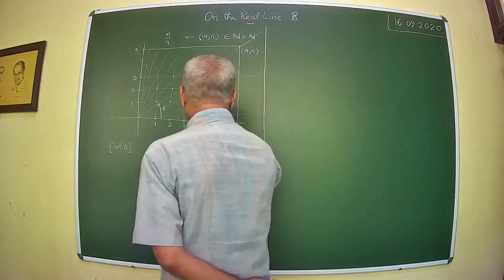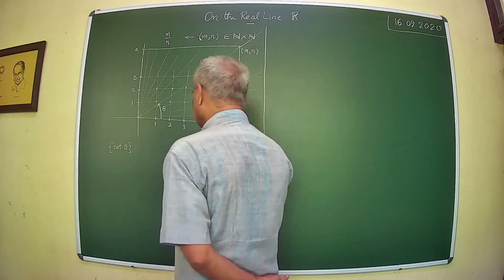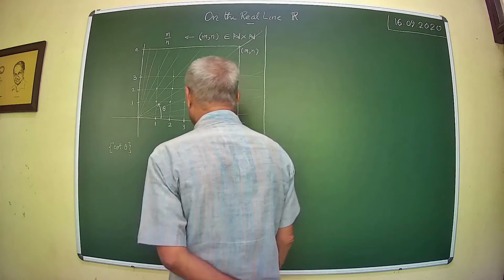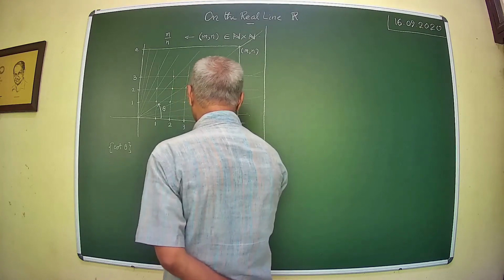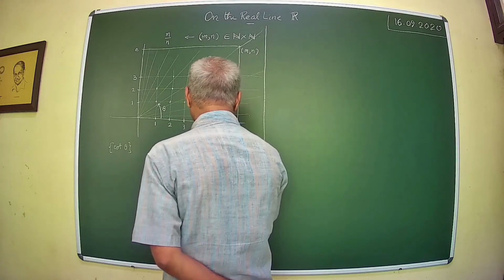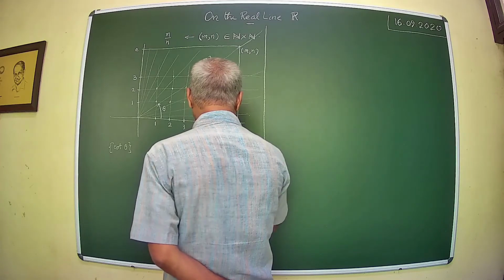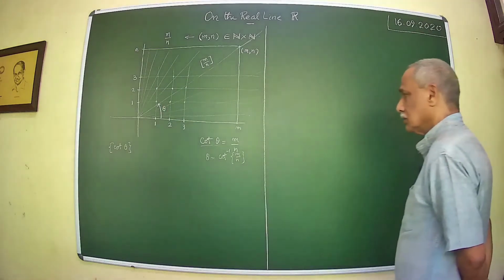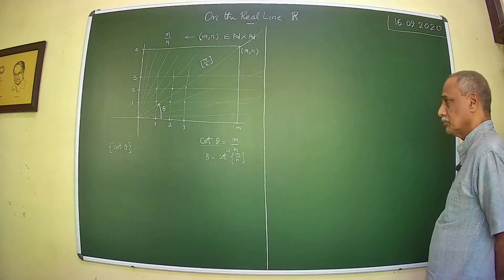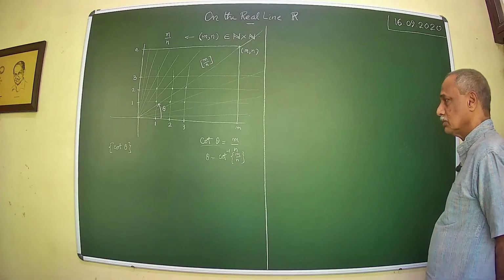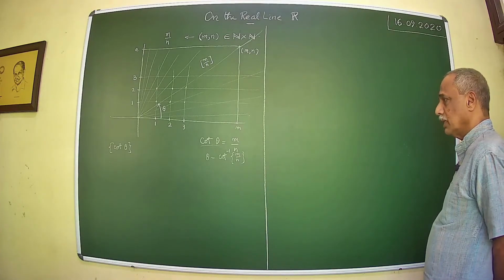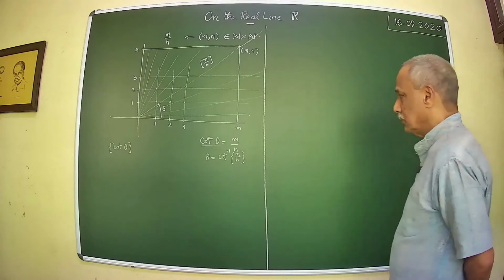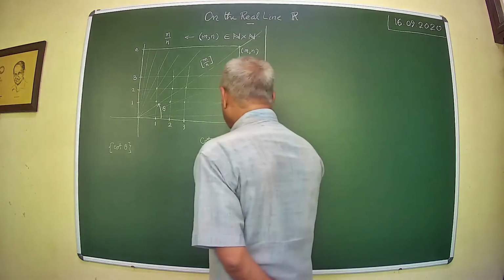So it is cot theta, where theta is such that this is equal to m by n. So you have theta given by something, and cot theta given by m by n.